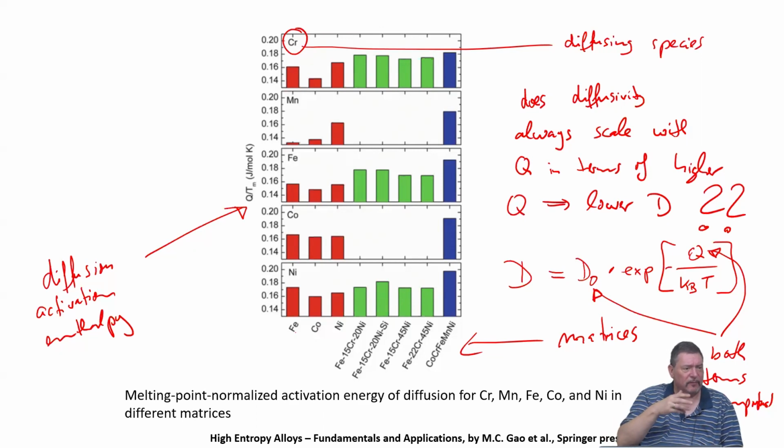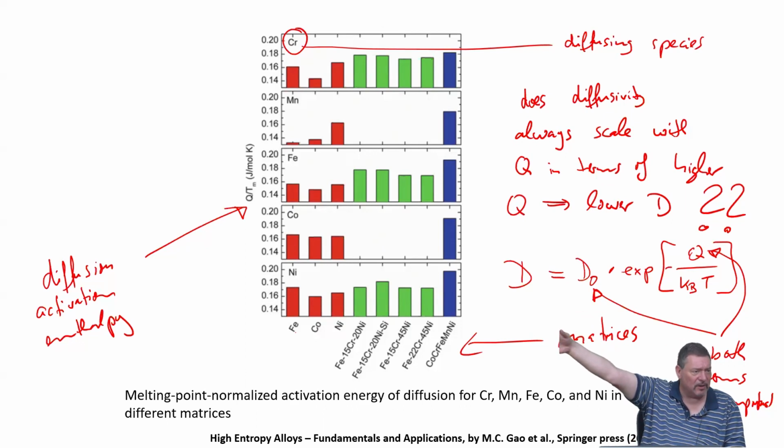So it means that even though a process has a higher activation barrier, so it should be slower, but if it has also a higher prefactor and even much more higher, then still the diffusion process can be faster even though the activation barrier can be larger. This is specifically the case for some processes where, for example, in a substitutional diffusion process, the vacancy binds somehow to the atom which diffuses.